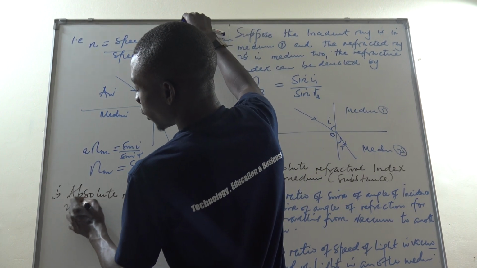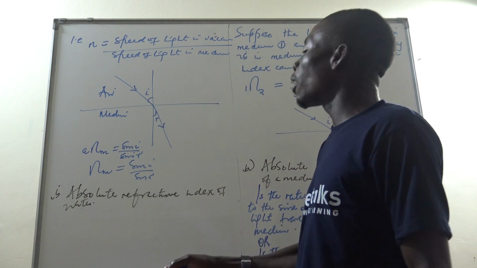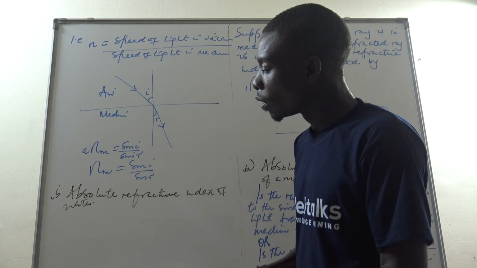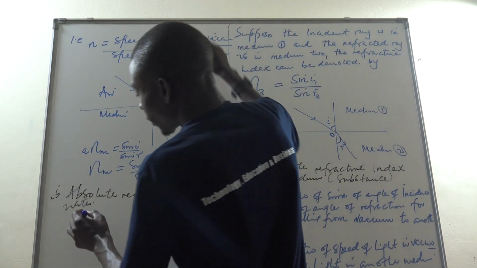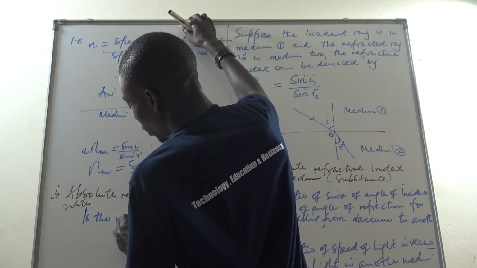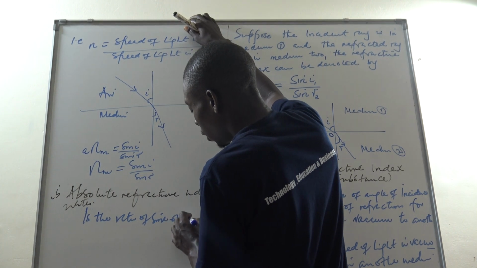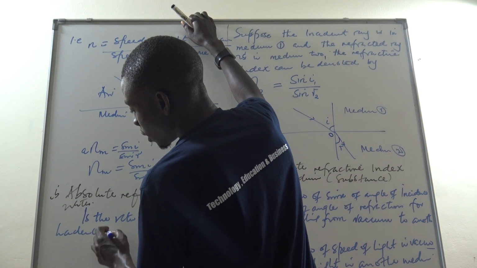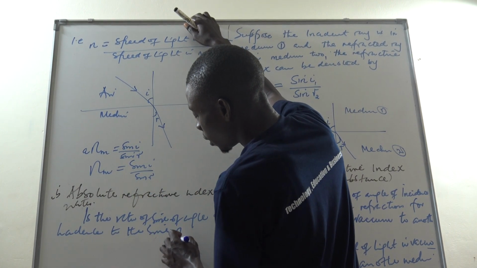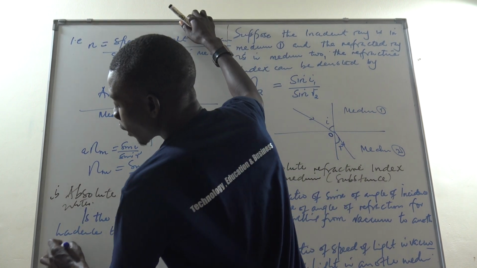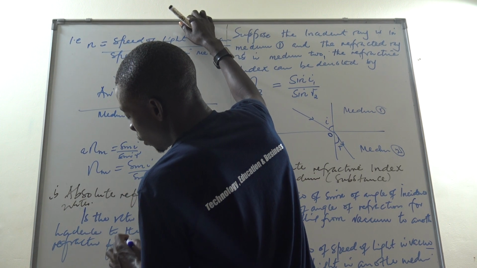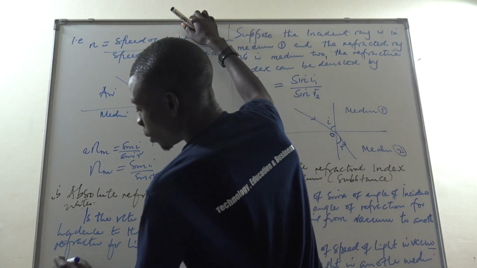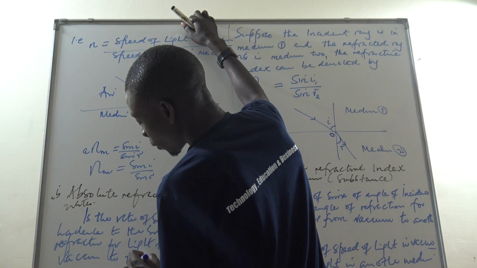It would mean that it is the ratio of sine of angle of incidence to the sine of angle of refraction for light traveling from vacuum to water.